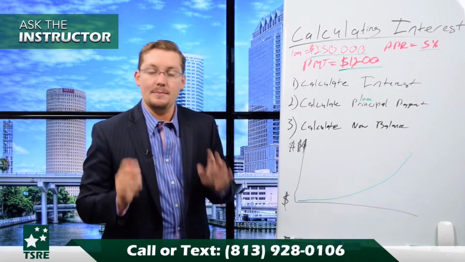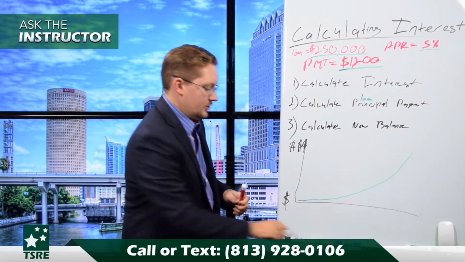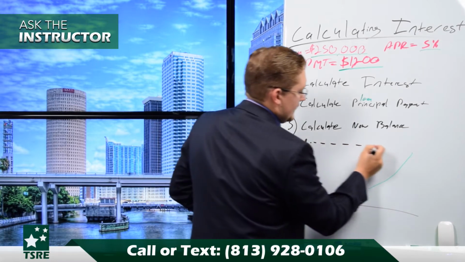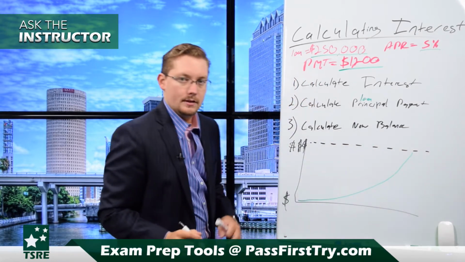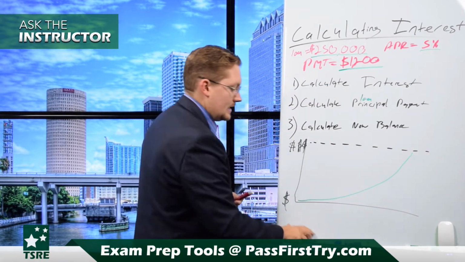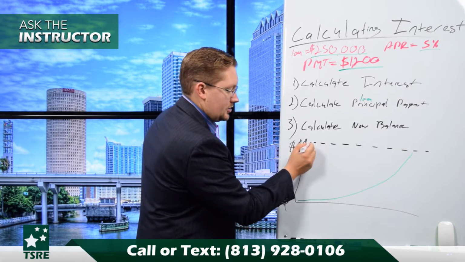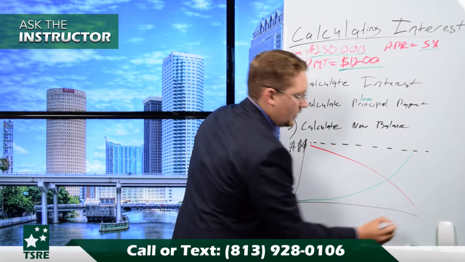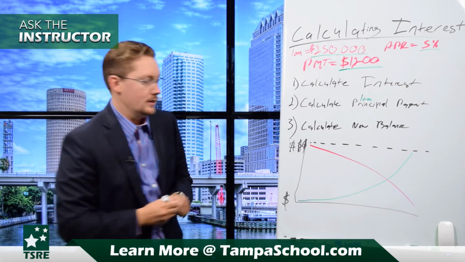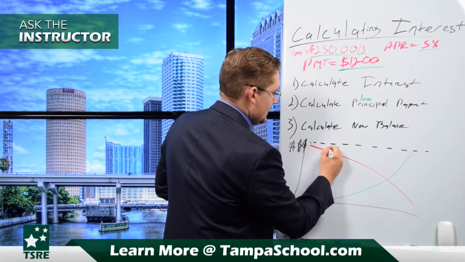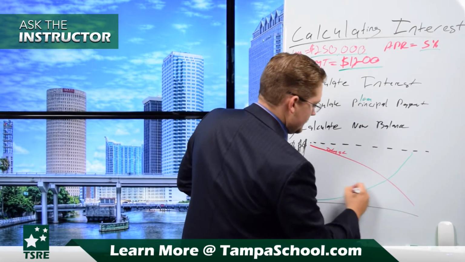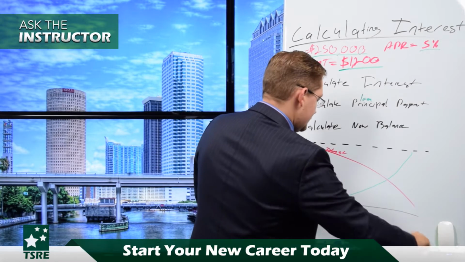Now, we have the same amount of payment every single time. So our total payment might be here for the entire life of the loan. We might have this as our entire payment, and so what that means is starting off, you're paying almost all interest. So that's your interest payment. And this one down here would be your principal payment.